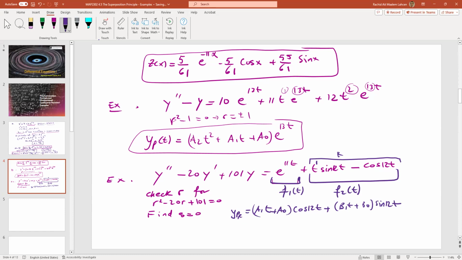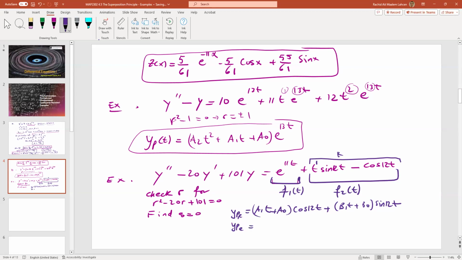But now we need another particular solution for the function e to the 11t, which let's call the particular solution for e.